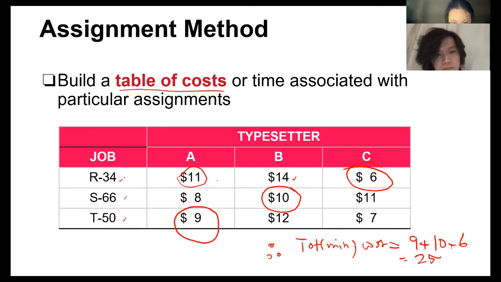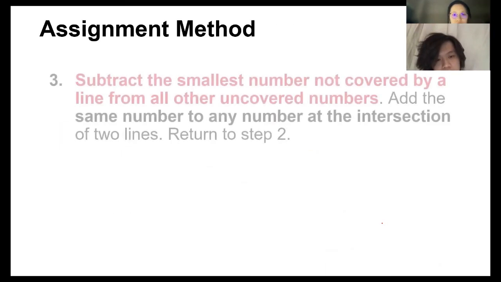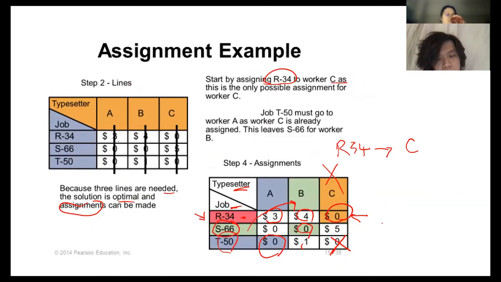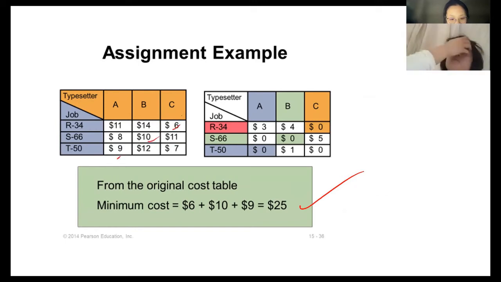If you assign A 11 plus 10 plus 7, no, it's not minimum. So rather than trying to figure out by trial and error, this is the method. It's already a heuristic to actually get that. So finally this is the answer. From the original cost table, the minimum cost is 25: 9 plus 10 plus 6.